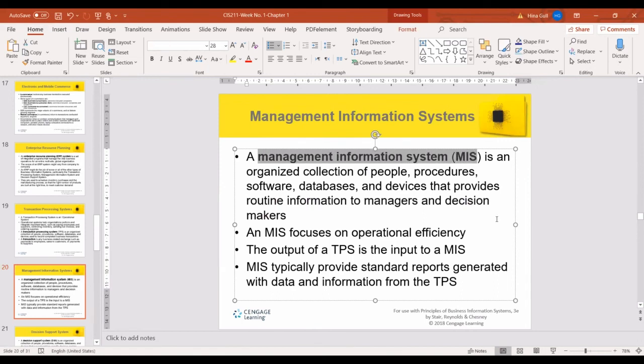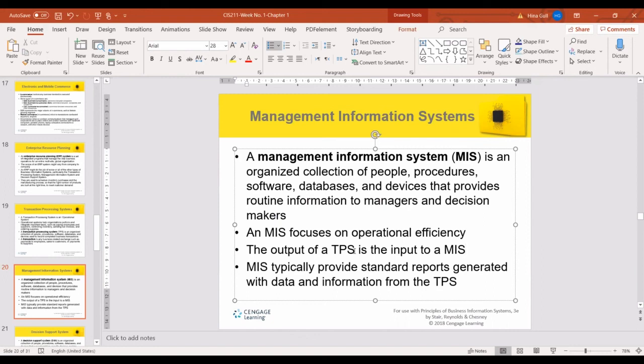MIS, Management Information System. MIS focuses on operational efficiencies. The output of the TPS is the input of MIS. In TPS, you have general information like employees, customers, students, teachers.